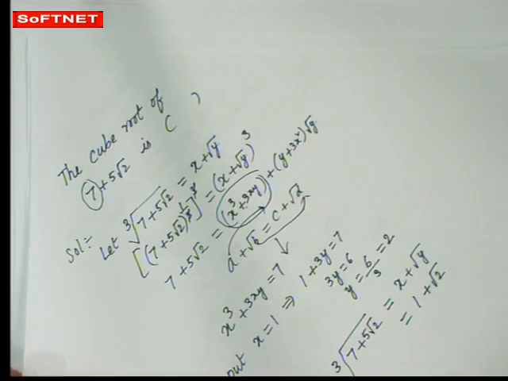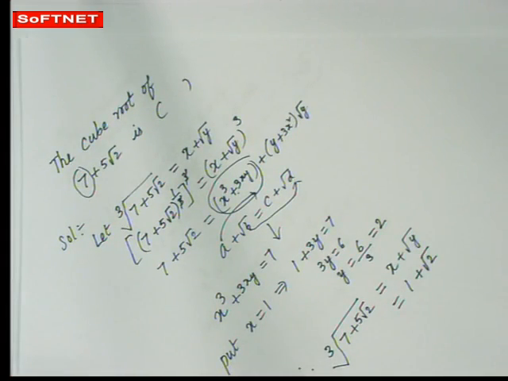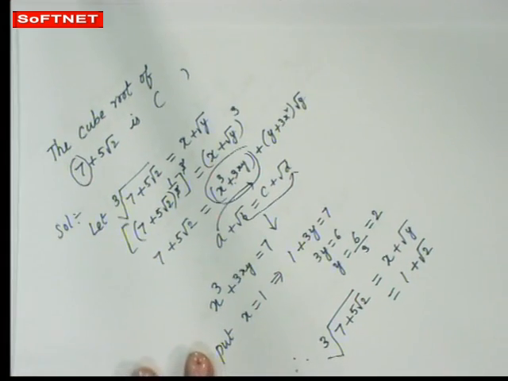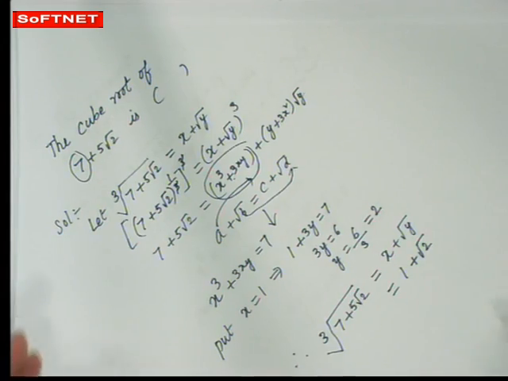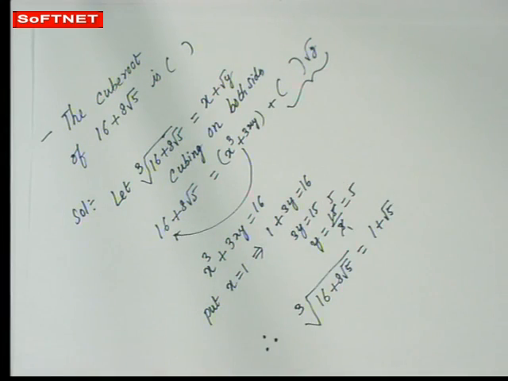Once again, I will repeat the question, same question you see. Check the 7 plus 5 root 2 cube root. Okay, now let us move on from 16 plus 8 root 5. After getting some idea about generalization about the problem, we have to do problems like this.